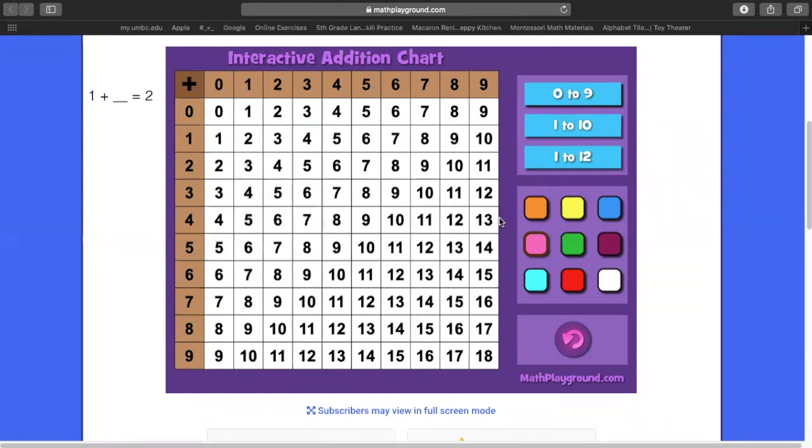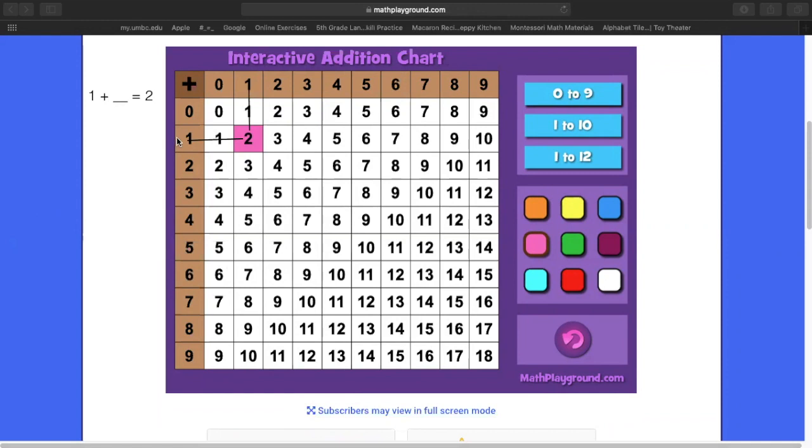So now I have to draw with my finger, I have to find where it touches the side. So I'm going to draw a line straight across. Devlin, what number does it touch on the side? 5.